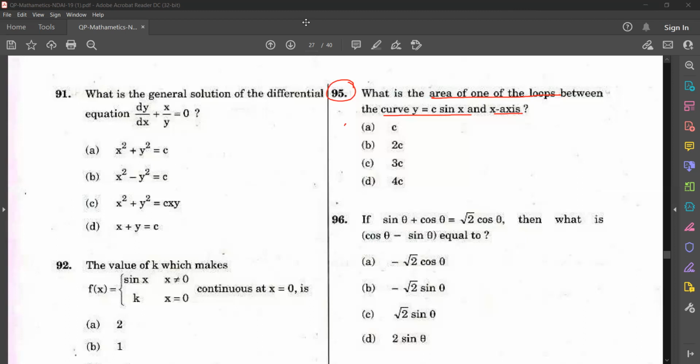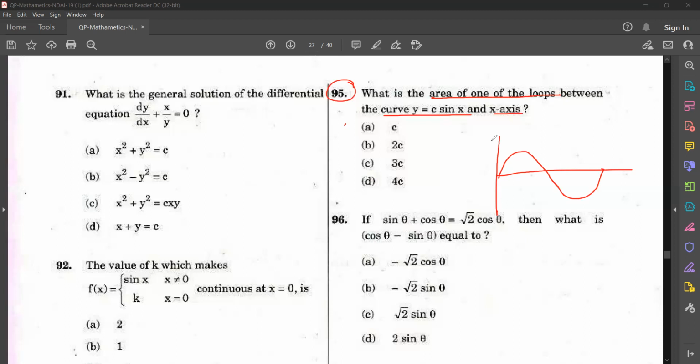Okay. So let's see how to do. First, draw the figure. You have to find the area of one of the loops between the curve y is equal to c sin x and x-axis.